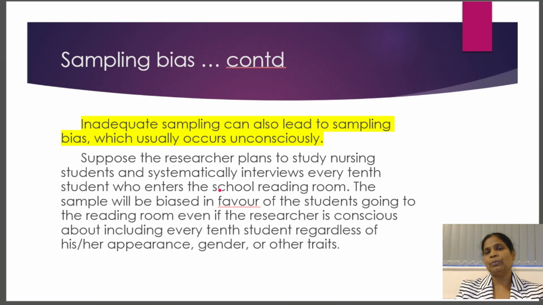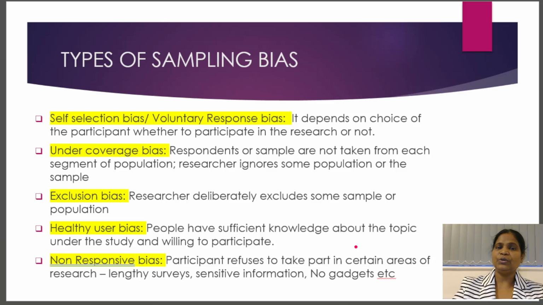In this way also bias can occur, because he is not consciously aware of which student, what is the appearance, what is the gender, what are the traits of the student. Unconsciously this can occur. So the researcher wants to conduct a study on every 10th student entering the study room or reading room. In that way also sometimes it can lead to bias.